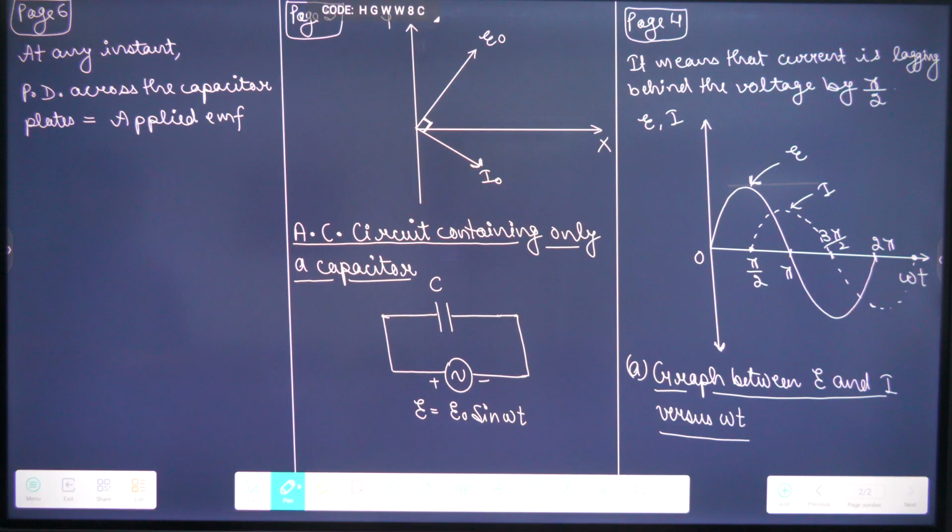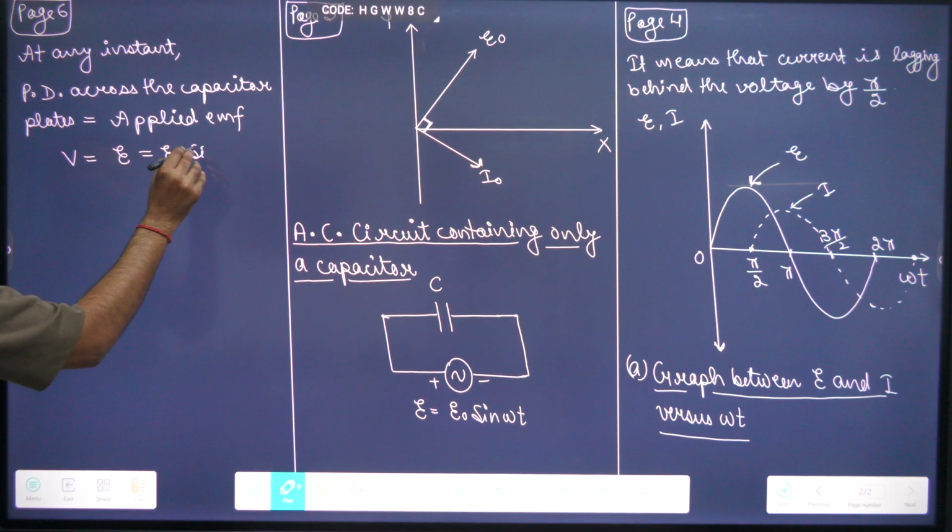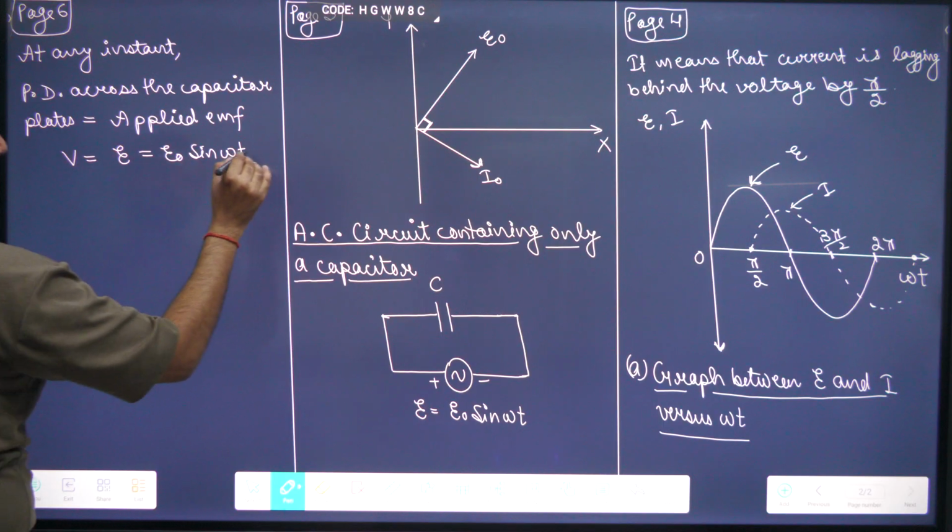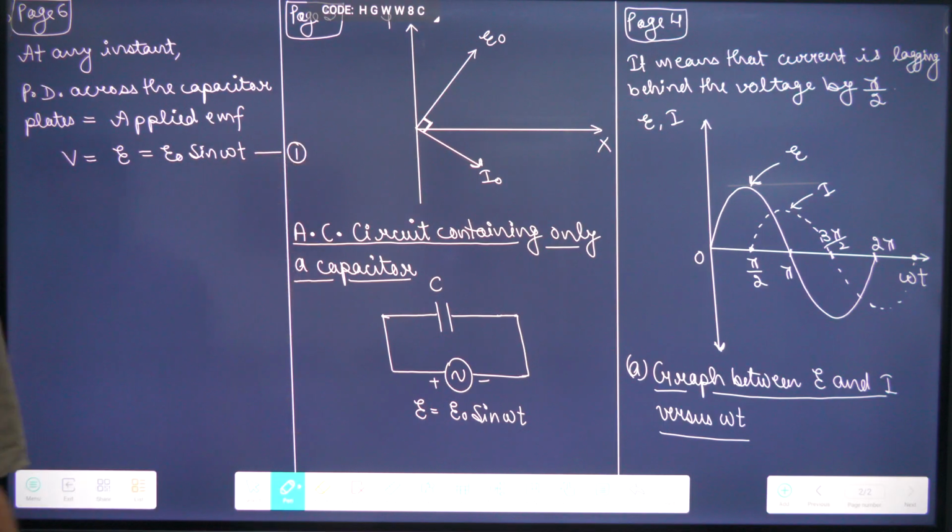Potential difference across the capacitor plates is V and applied EMF is this E. And what is this E? We know that E is E naught sine omega t. Please mark it equation number 1.